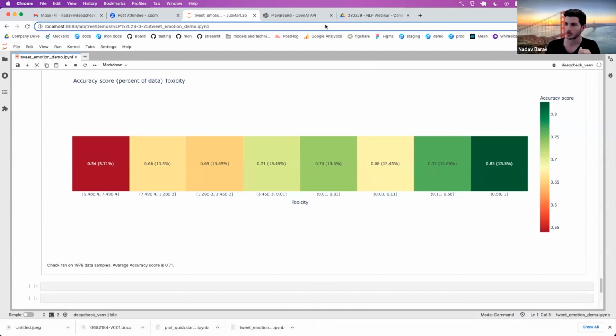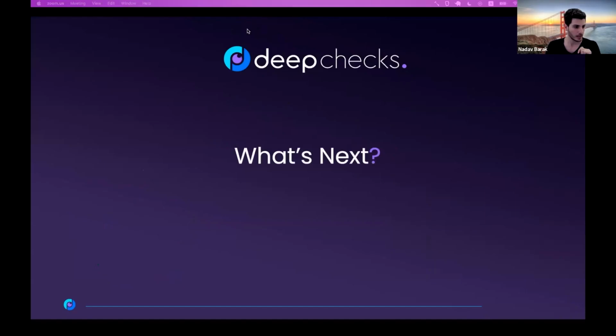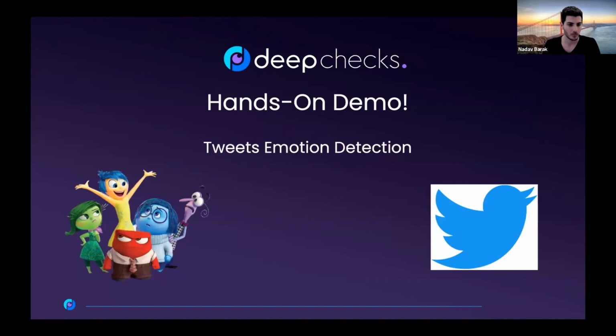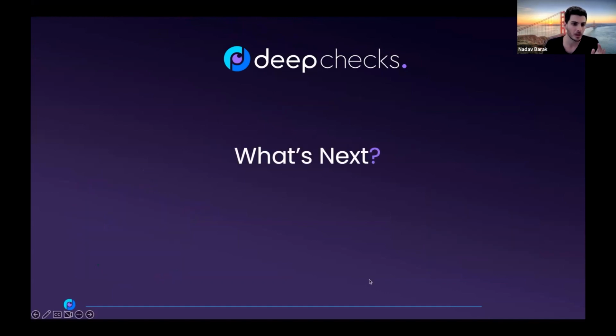I'll move back into the presentation. I'm hoping that you can see the presentation now. If not, someone should tell me. Perfect. We have covered the hands-on demo. Let's talk a little bit about what's next in our immediate road plan.